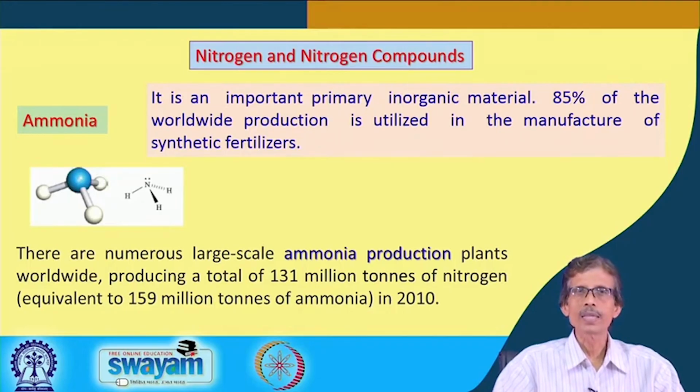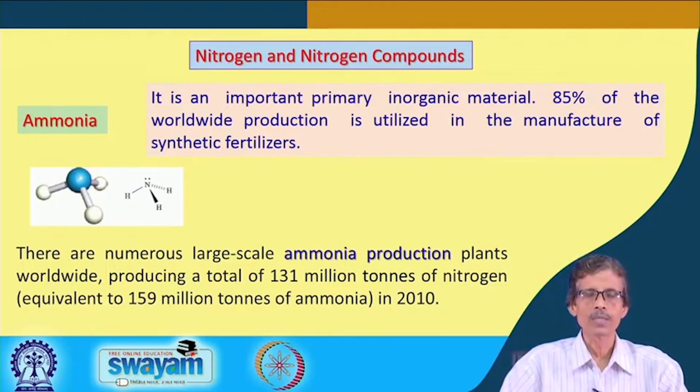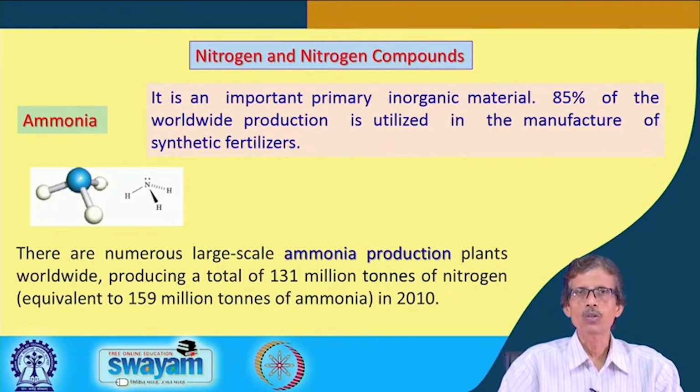But for making synthetic fertilizer, while we are talking about the production of hydrogen, if we can utilize that H2 for the reaction with the N2 available in air, we get the corresponding formation of ammonia through Haber's process.